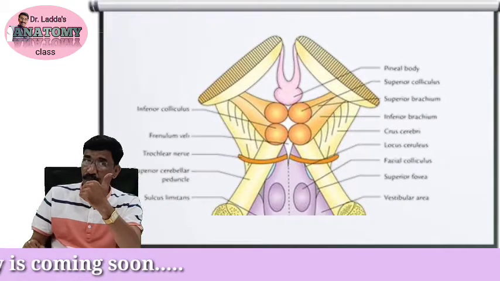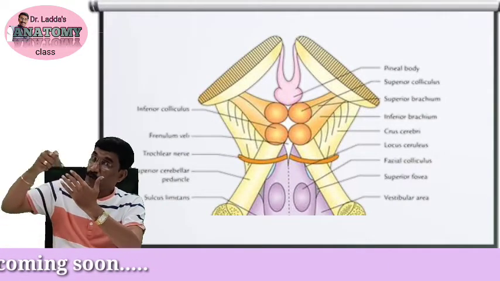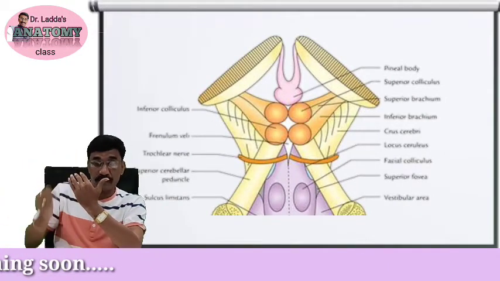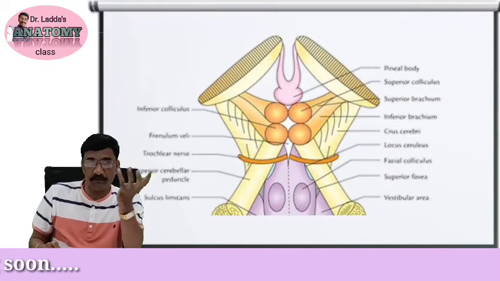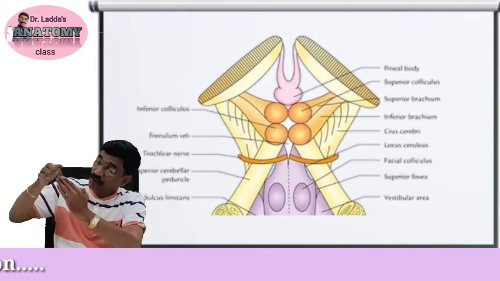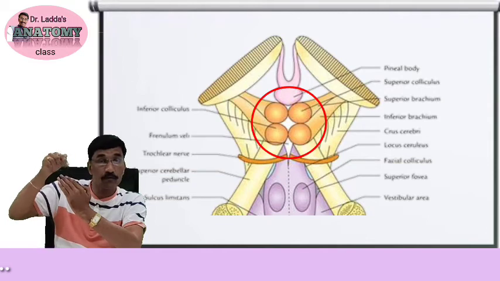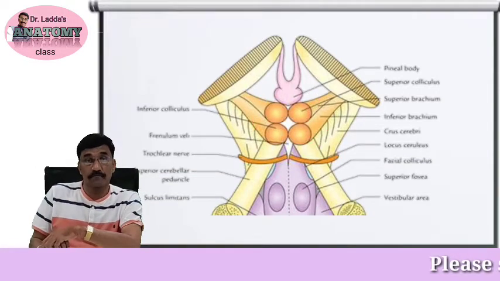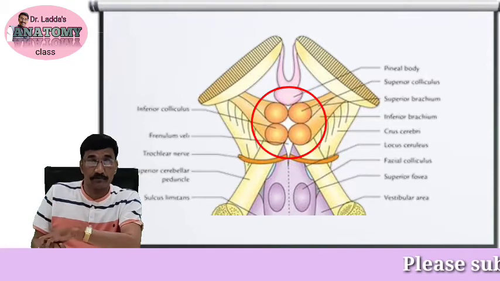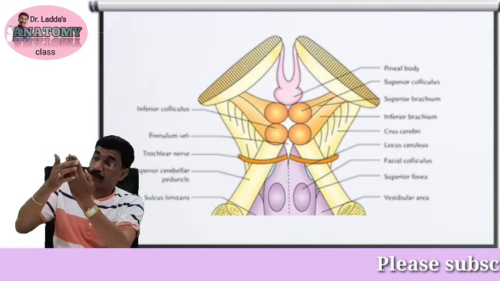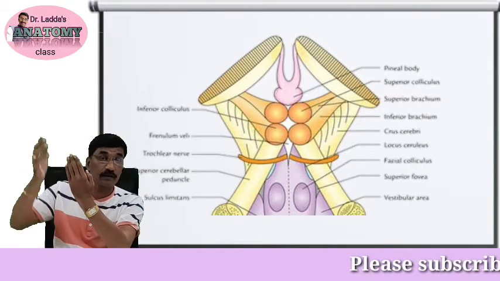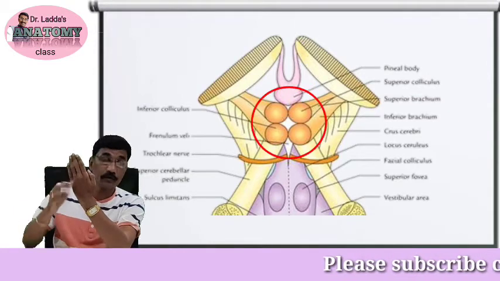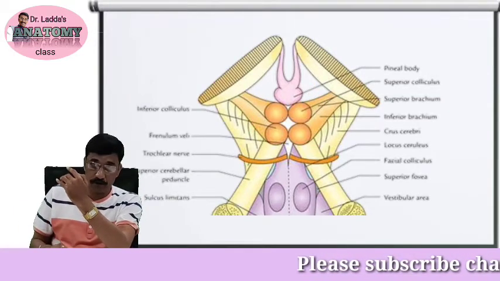In the last video, we talked about the external features at the posterior aspect of the brainstem: there are four rounded structures called colliculi. A single one is a colliculus. The upper two rounded portions are called superior colliculi, whereas the lower two are called inferior colliculi.